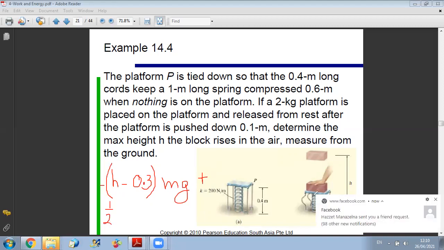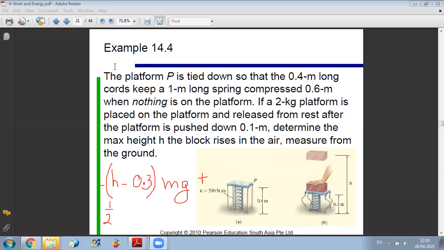Delta L1 is 0.7 because it is 0.3 minus 1. Okay, since I am squaring, the negative sign isn't important, so it's half k times 0.7 square, because the initial compression is 0.7 while the final compression is 0.6, so minus half k times 0.6 square.